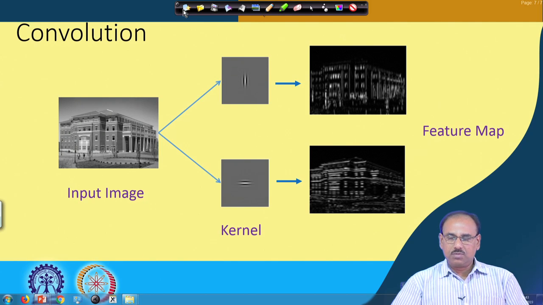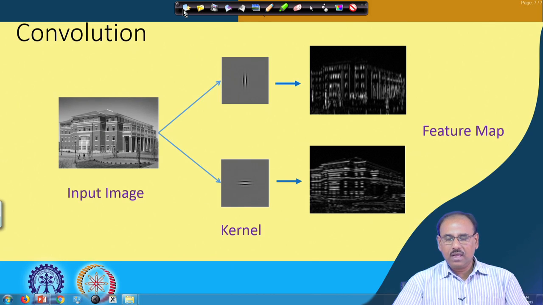So, given this impulse response, whenever you have an input signal, whether it is a time domain signal or one-dimensional signal, or it is an image which is a two-dimensional signal, the output, which is the convolution of your given signal with the convolution kernel, is actually the response of the system characterized by the impulse response to the input signal that you are giving. So, this is what the convolution operation is.